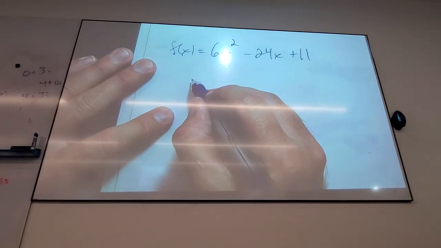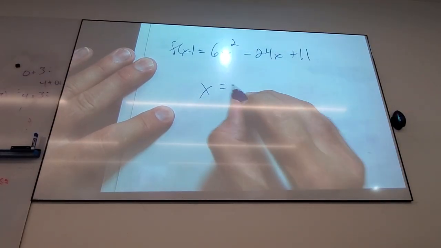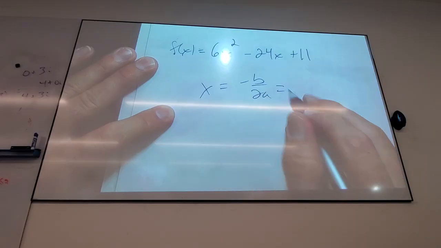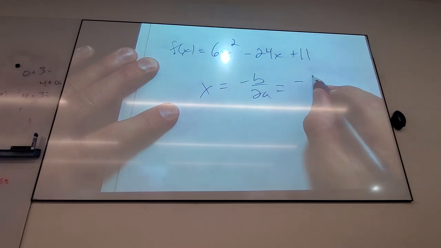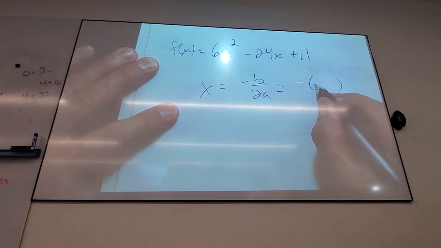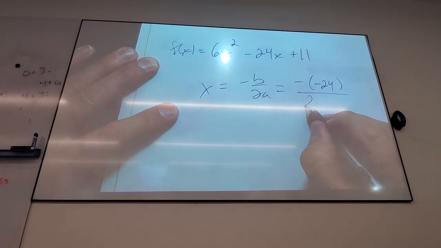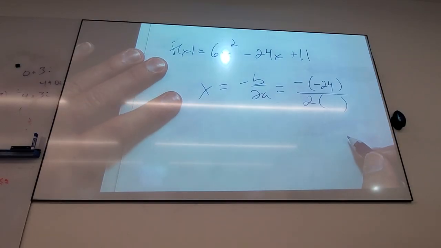What's the shortcut for the vertex? So you identify b and a the same way as in the quadratic formula, but you don't have to do the whole quadratic formula, that's awesome. So what's b? Negative 24. And what's a? 6. So now we get 2.